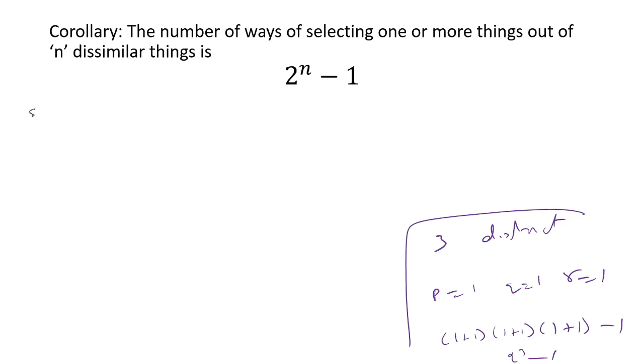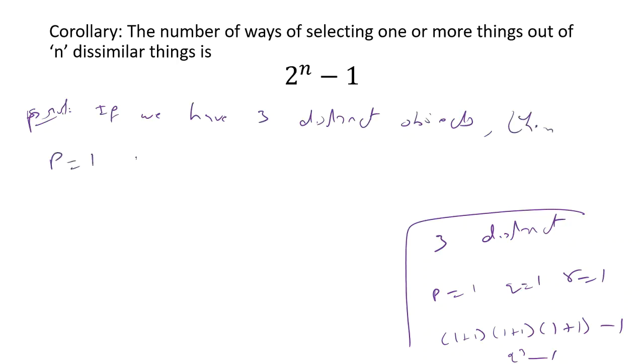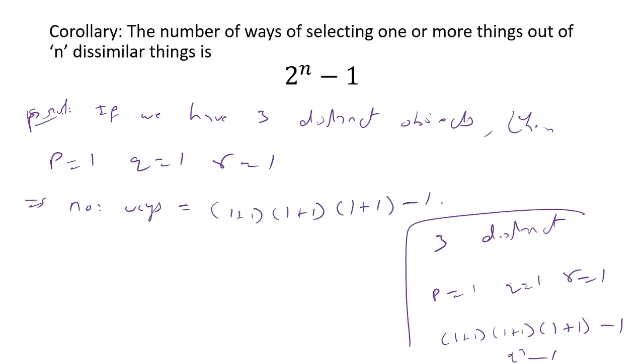So let us give the proof of this one. If we have 3 distinct objects, then p is equal to 1, q is equal to 1 and r is equal to 1. This implies the number of ways is equal to (1 plus 1) times (1 plus 1) times (1 plus 1) minus 1, which is equal to 2 raised to 3 minus 1.